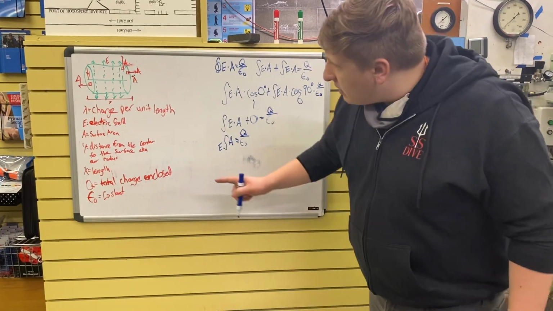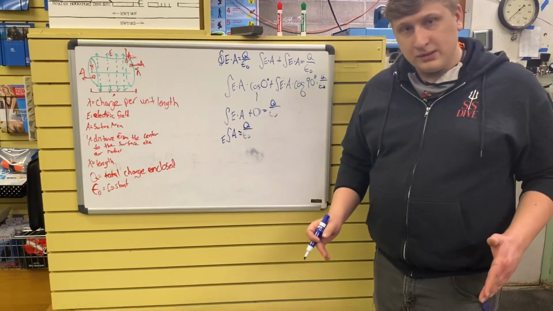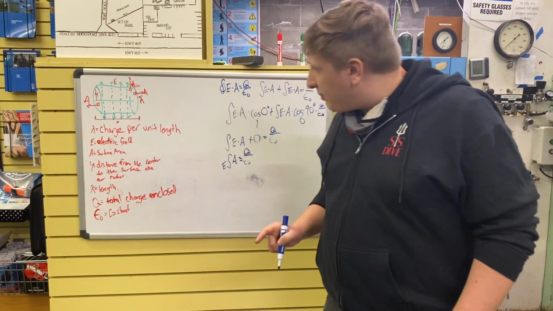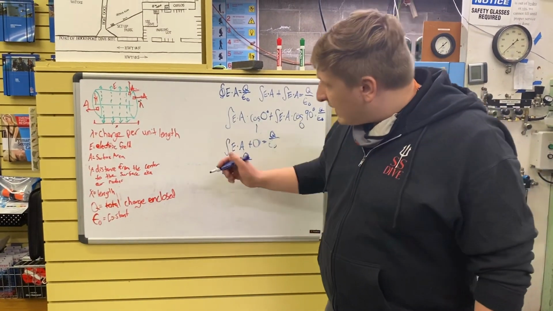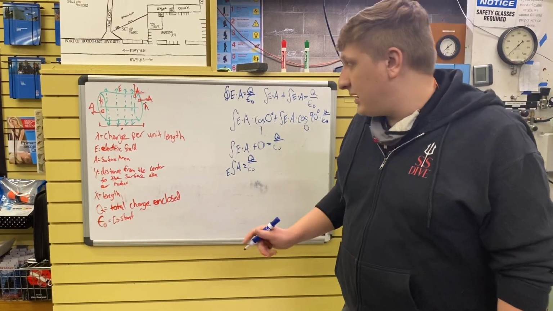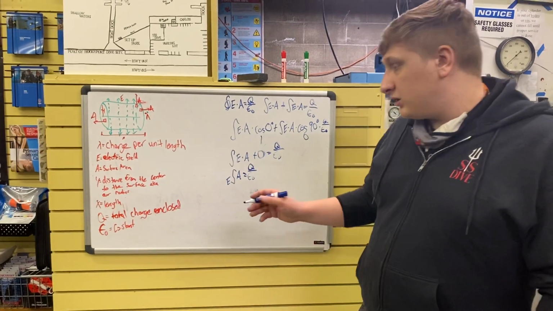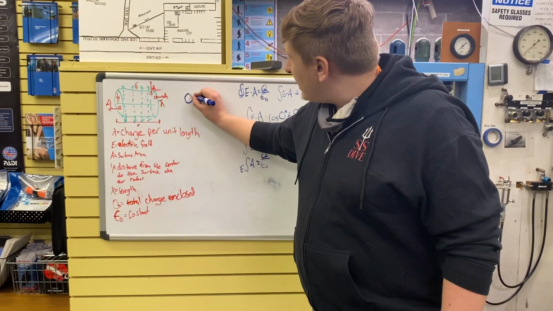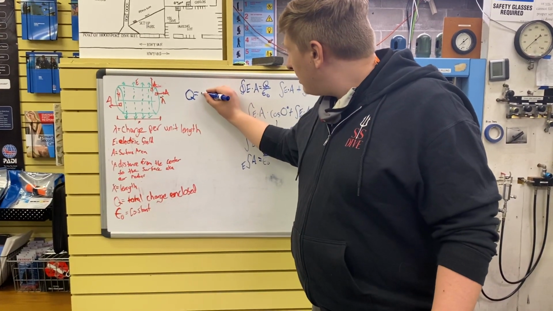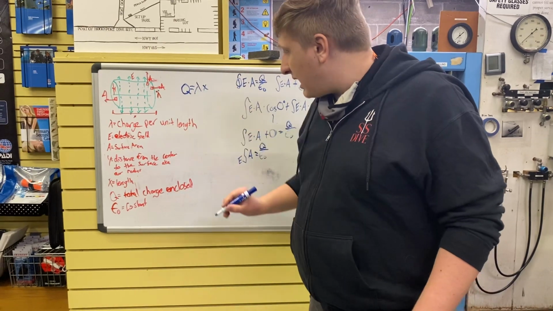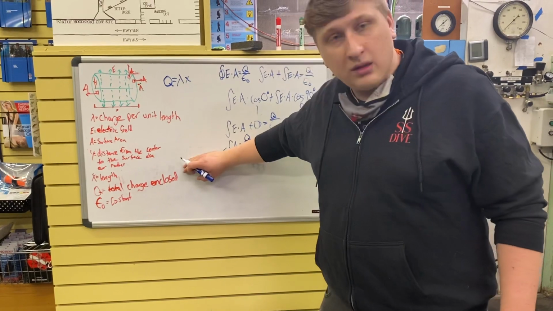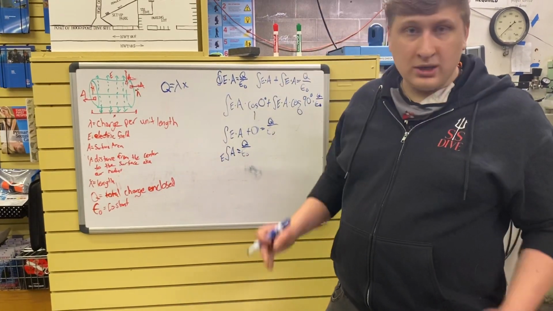So we know that Q is our total charge enclosed. Well, believe it or not, if we multiply our charge per unit length times our length of the cylinder, we can actually get the total charge enclosed. So, saying that, we now know that Q basically equals lambda x, because again, if you multiply charge per unit length times the length, you get the total charge enclosed.